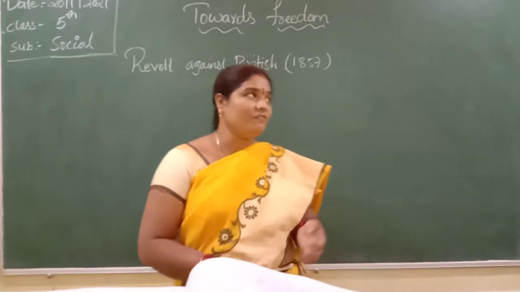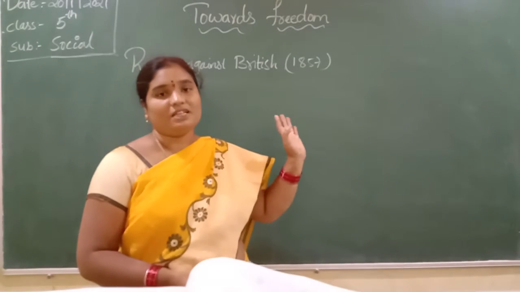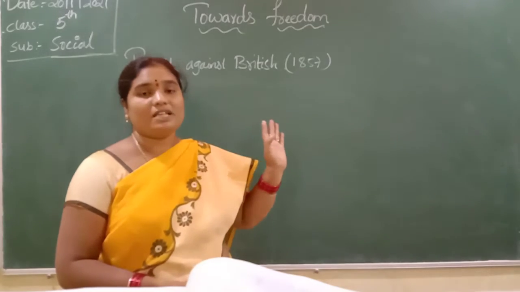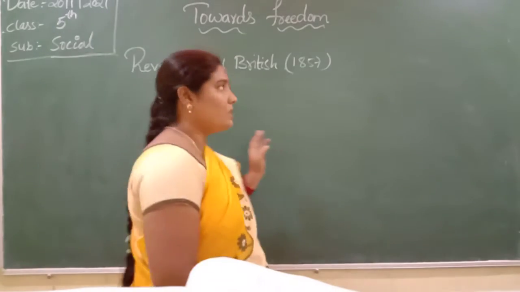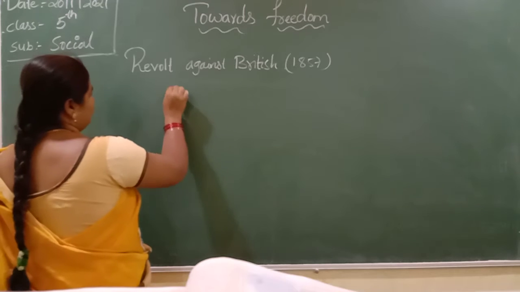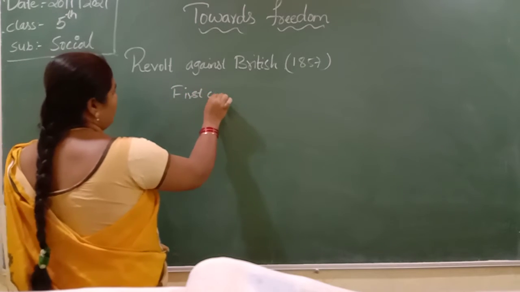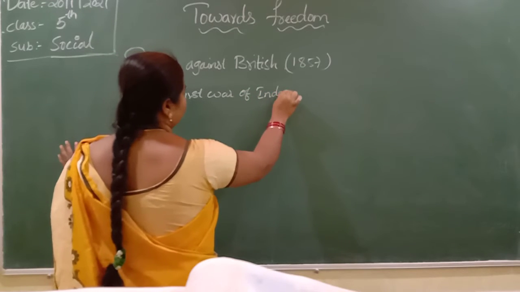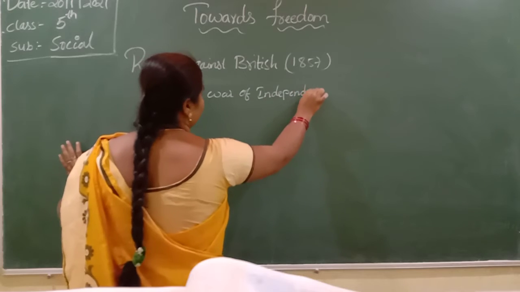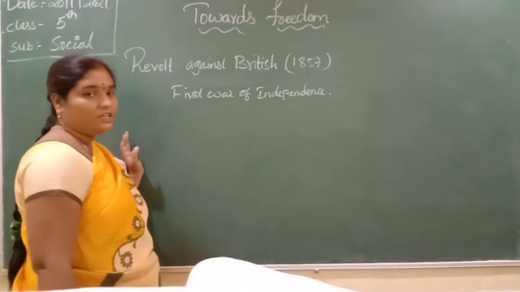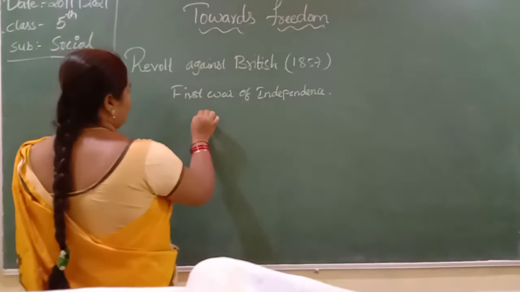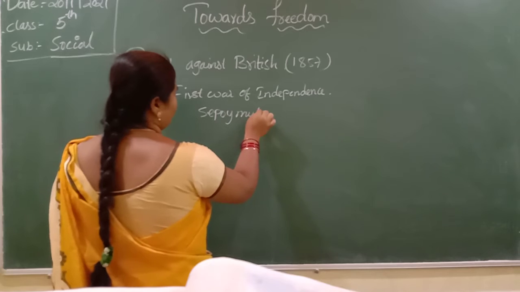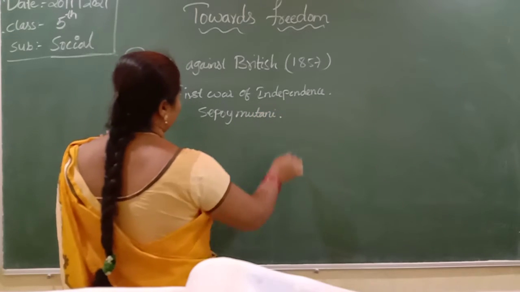In the year 1857, the first revolt started against the British. It is known as the First War of Independence, and it is also known as the Sepoy Mutiny.